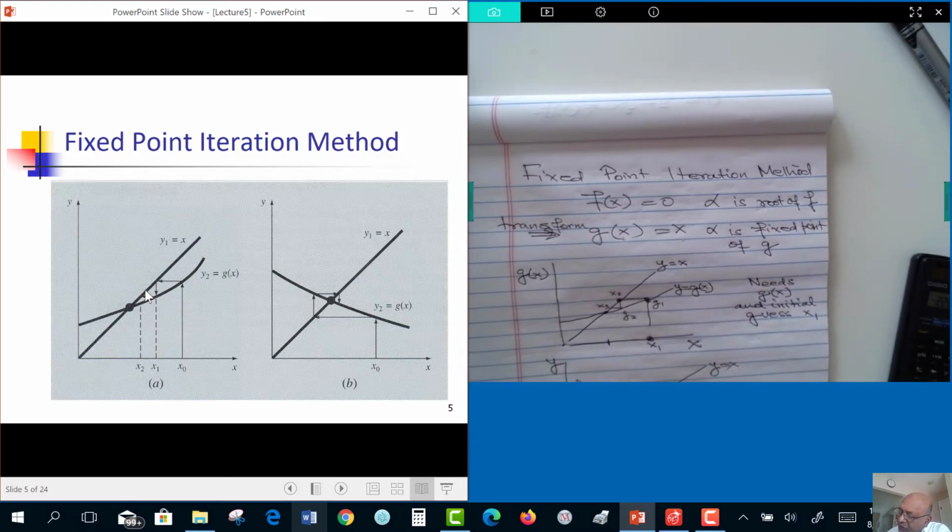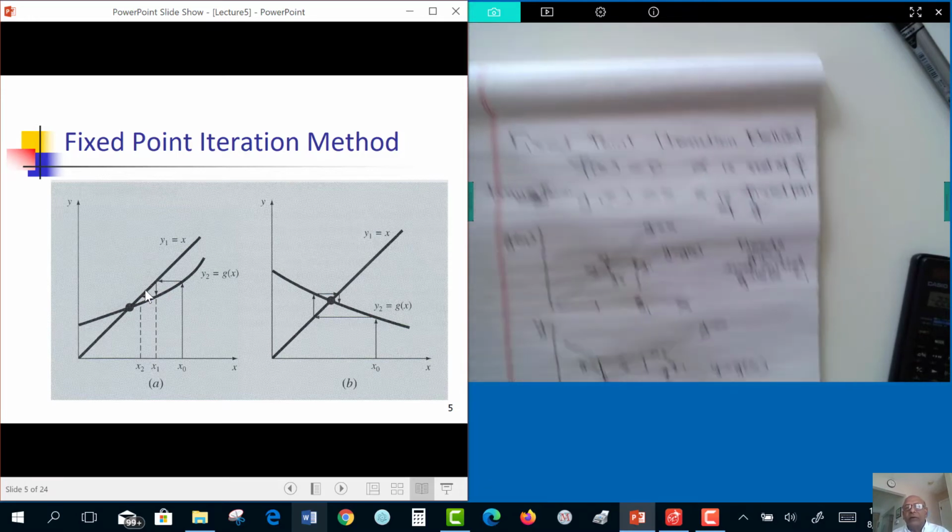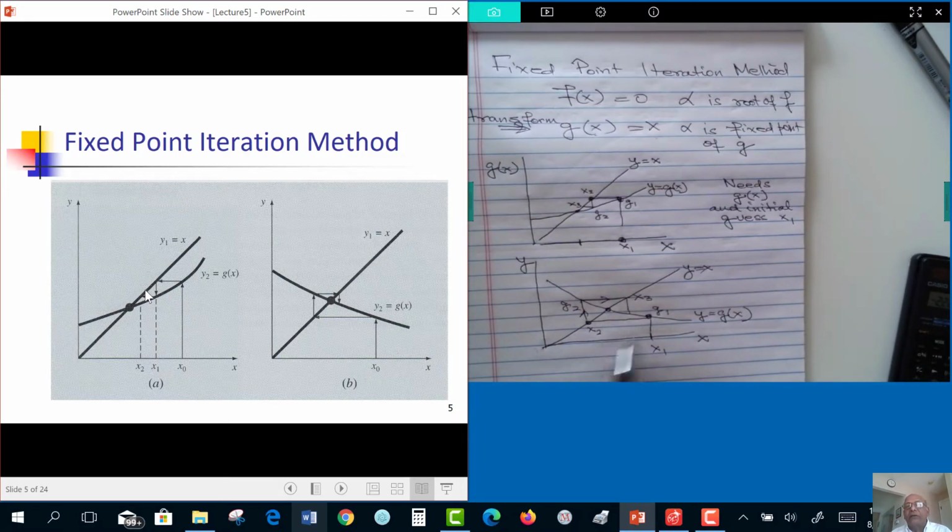We compute g2, which becomes x3. And then we compute g3. And so you can see that we are therefore spiraling inwards towards the root. So we started with x1, x2, x3, and so on and so forth.